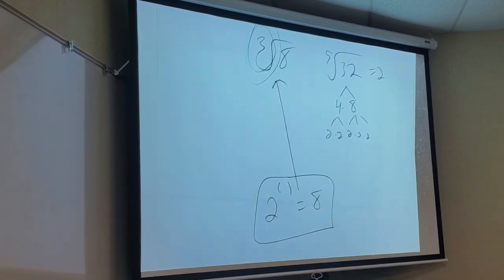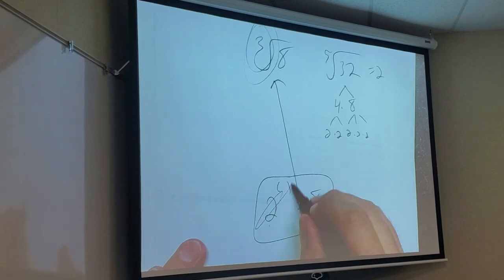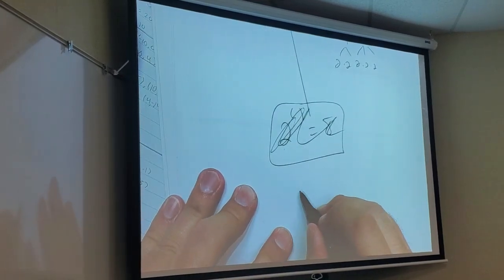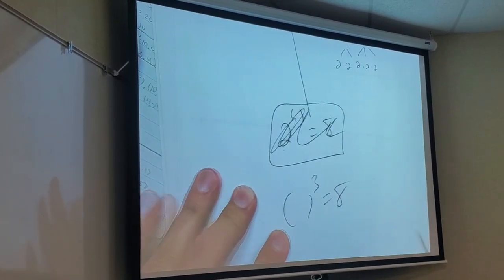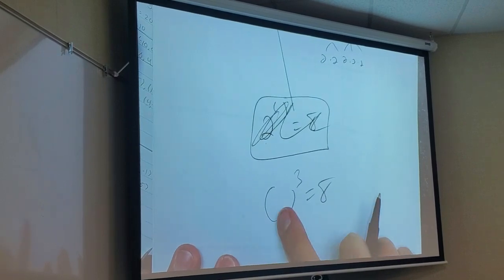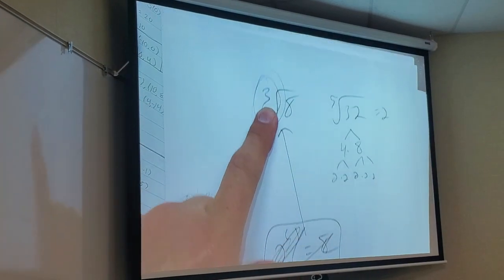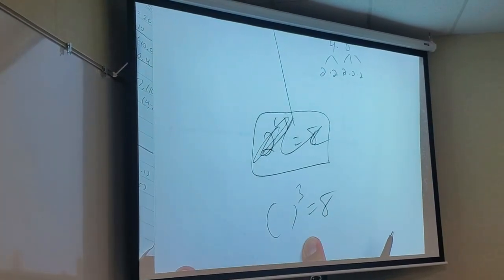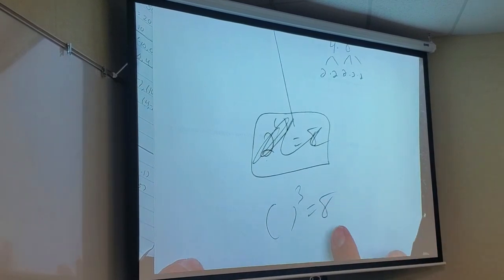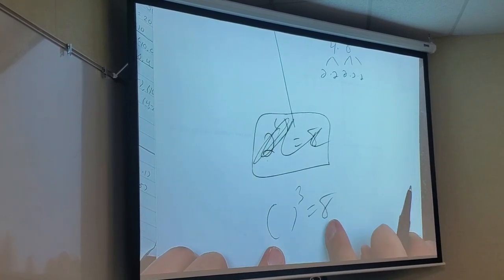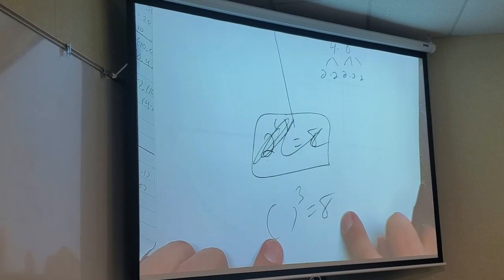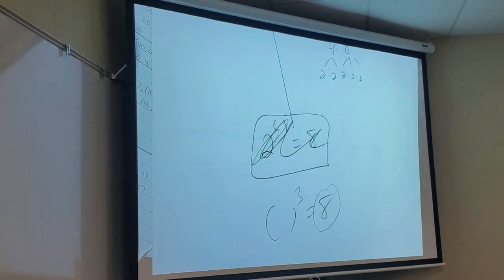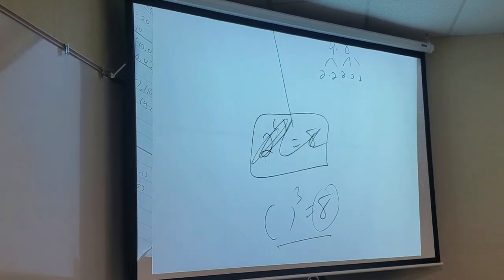Actually, I've done that backwards. What to the third power equals 8? That's the better question. What to the third power equals 8? That's what that's asking. You with me? I like it. So we want to stay away from this. We want to be able to do something to 8 directly, not have this indirect question.